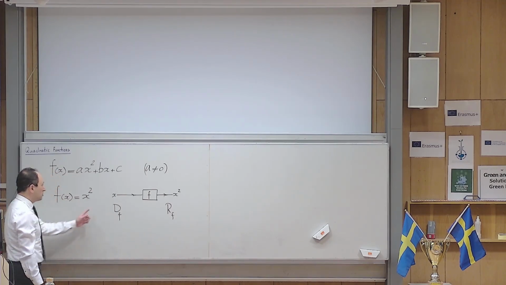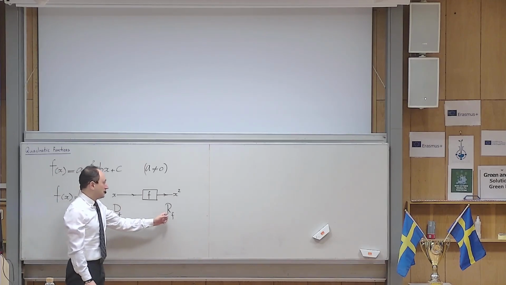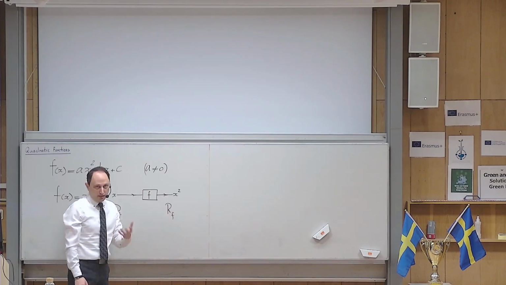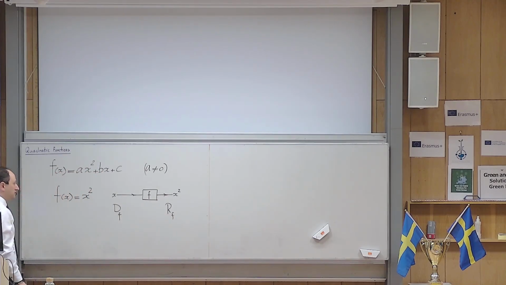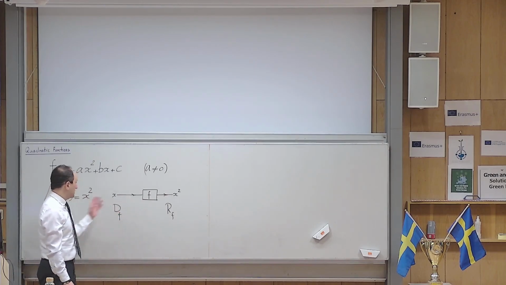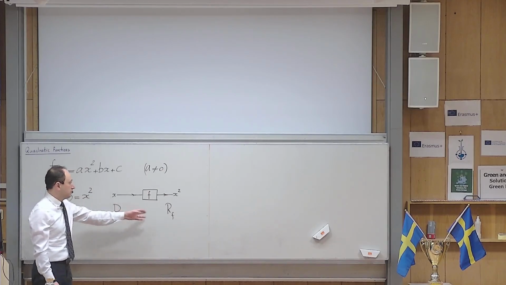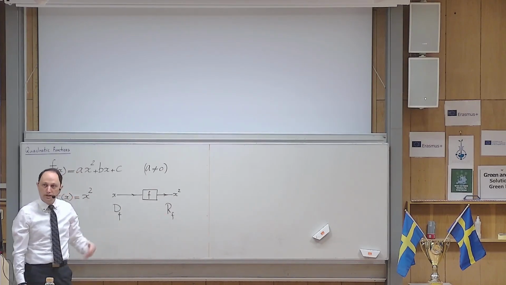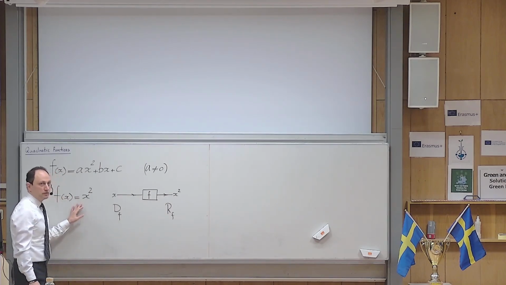We practiced the domain a lot, if you remember. I told you that you need to understand what the range is, but probably you will not be asked so many questions about finding the range. But this is an exception. For the quadratic function, we will see we can answer the range of the function fairly simply. But can you tell me what is the domain of this function?